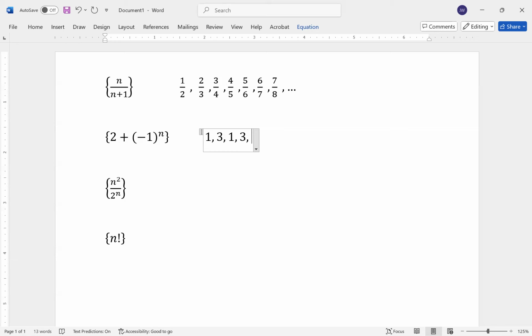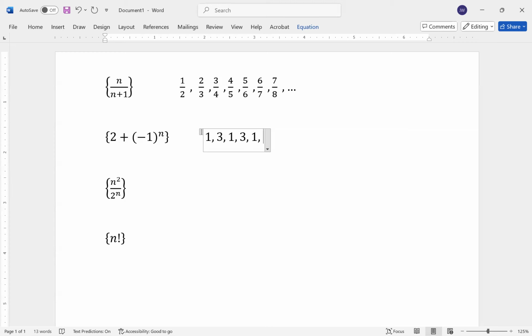When I plug in a 5, I get 2 plus -1, that's a 1. Notice that every time I plug in an odd number, -1 to the odd power becomes -1. Add 2 to that, and I get a 1.